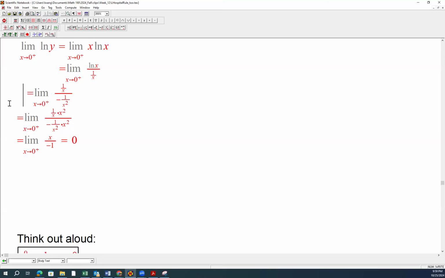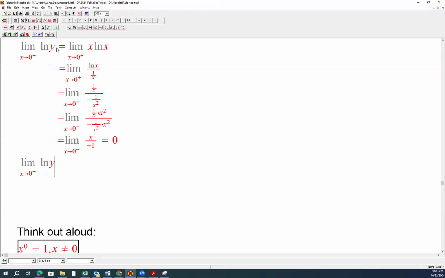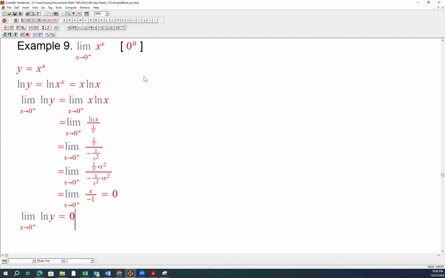We apply L'Hopital's rule only once, and then we reduced it. We got 0. So the limit as x approaches 0 from the right is equal to 0. But once again, that's not what we wanted.